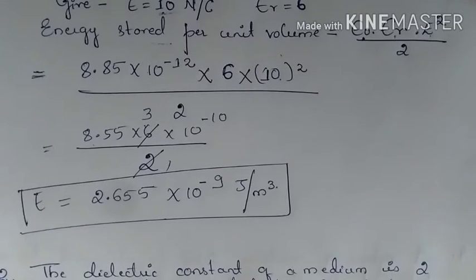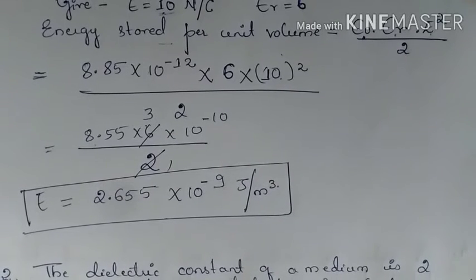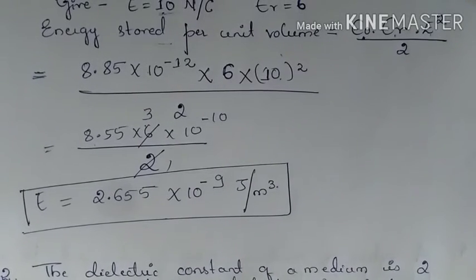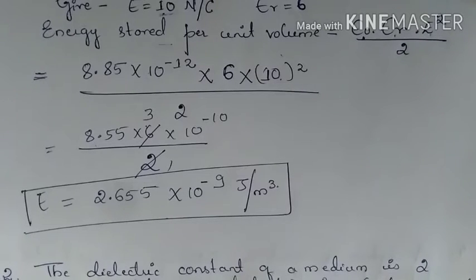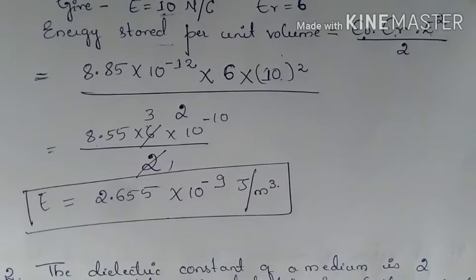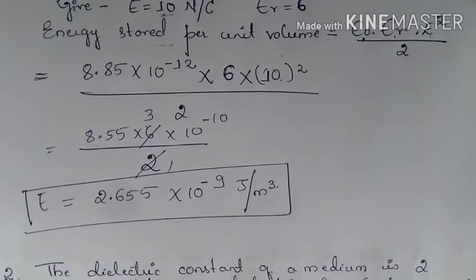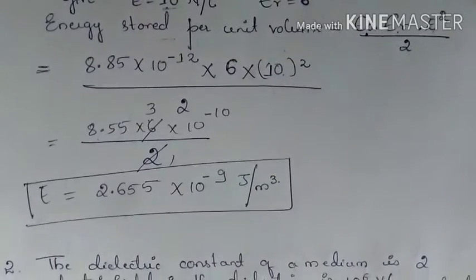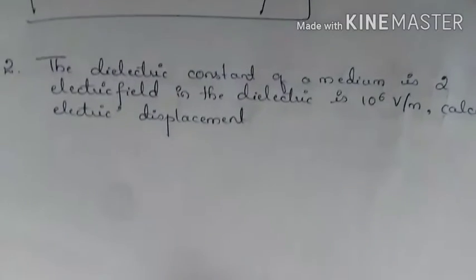If you know the expression for energy stored per unit volume, then you can directly calculate the electrostatic energy stored in the medium. So how much did we get? We got E is equal to 2.655 into 10 power minus 9 joule per meter cube.